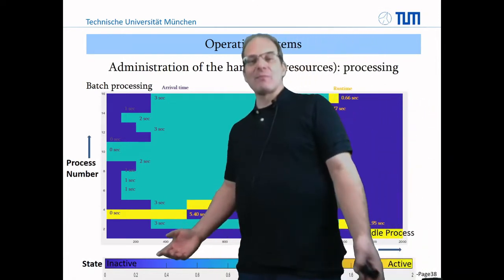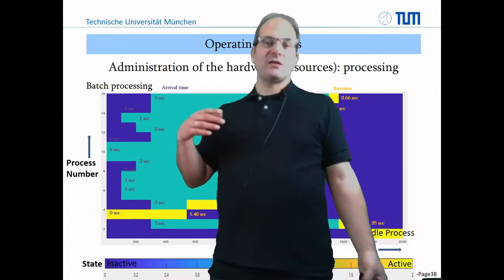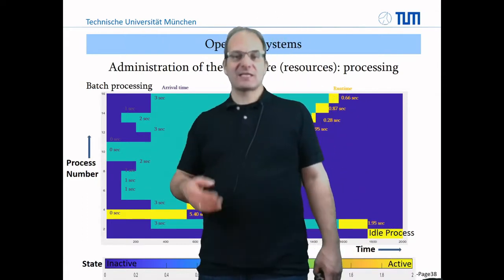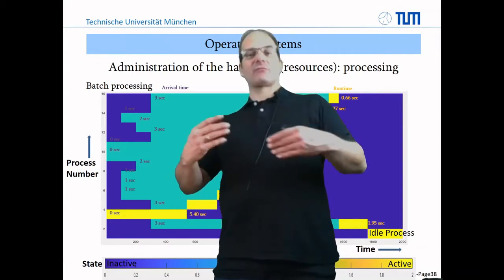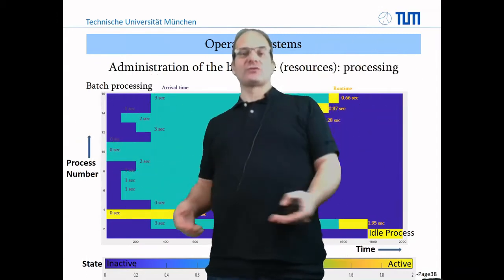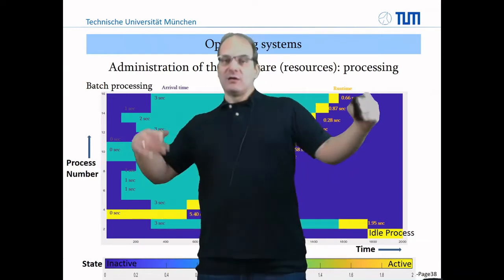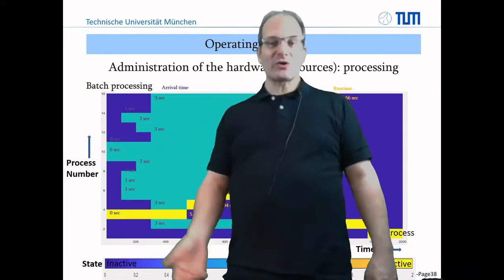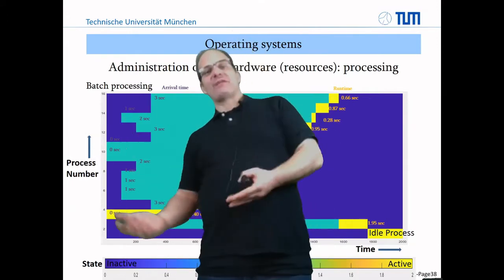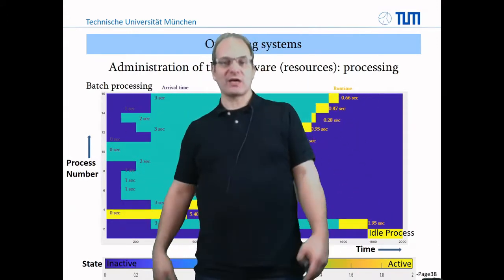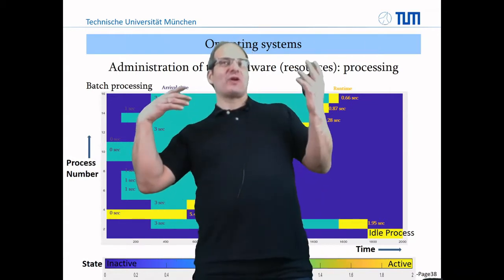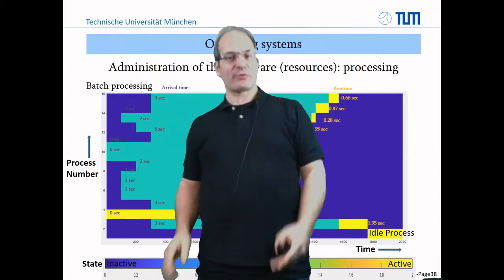It's something like arriving at a cashier's desk where there are different customers who want to do things. Some of them need more time, some of them do not need so much time. So how do you organize this queue so that it is a relatively fair process?